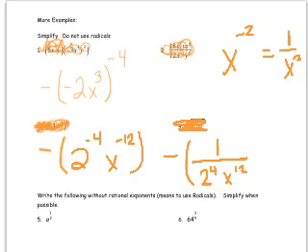You have to have something on top. You can't just not have a top. So a final answer here would be negative 1 over 16x to the 12th. I just put that negative on the outside. 2 to the 4th is 16. X to the 12th I can't do anything with.